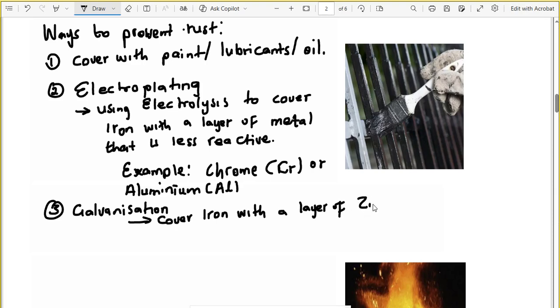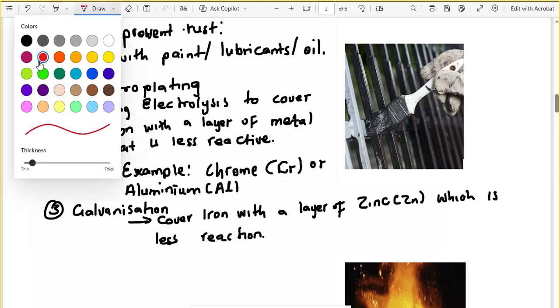Don't worry, after this lesson, I'm sending this your way, okay? Which should be less reactive. Less reactive.